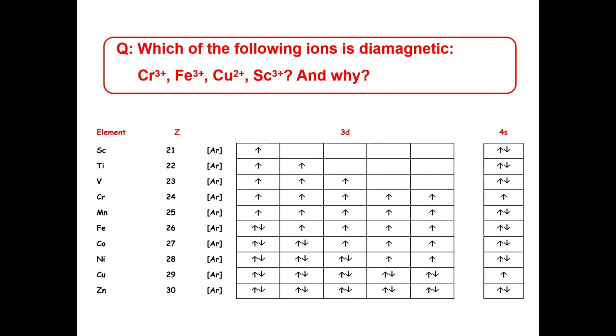But for others, basically they lose 4s electrons first. So besides this one, any more? No, only this one. Because for iron, this 3 and this 2, it still has some single electrons.